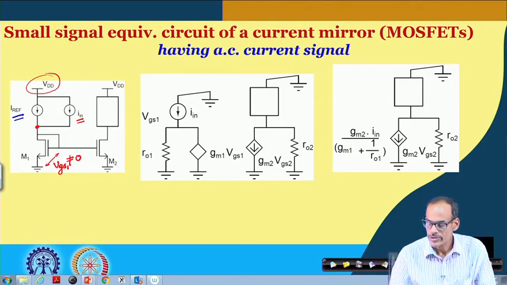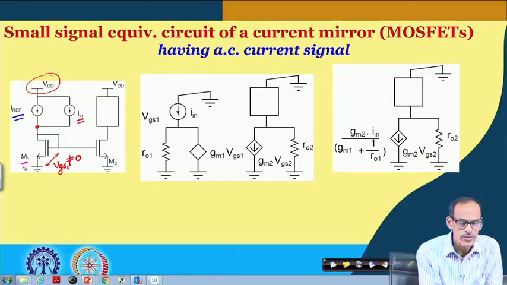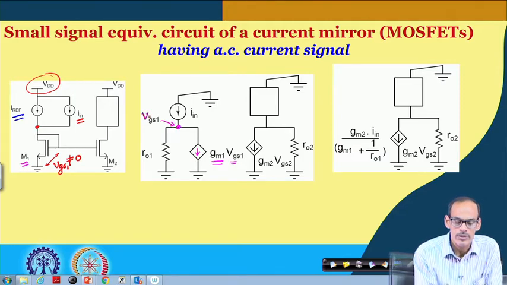Here we do have the small signal equivalent circuit drawn. For transistor 1, we do have a voltage dependent current source, which is GM 1 into VGS 1. VGS and VDS are equal, so this is VGS 1.